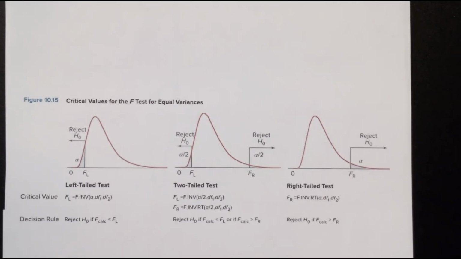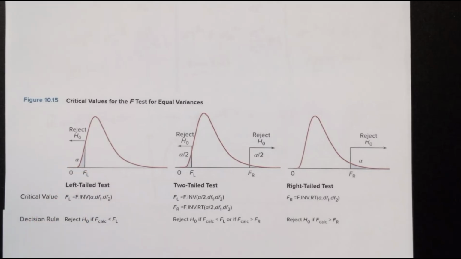I get a test that says, oh, I'm going to need this left F critical value. We're going to call it FL. There's the Excel command to get it. F dot inverse. I have to give it the alpha and I have to give it the two different degrees of freedom. And if I'm below that number, we should reject. Because I'll be in this little rejection region right here.